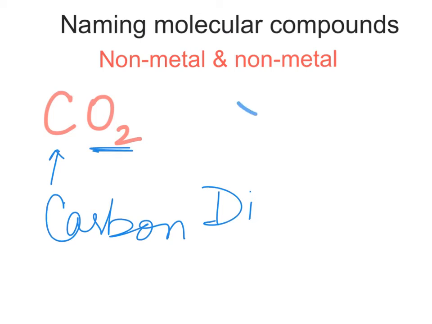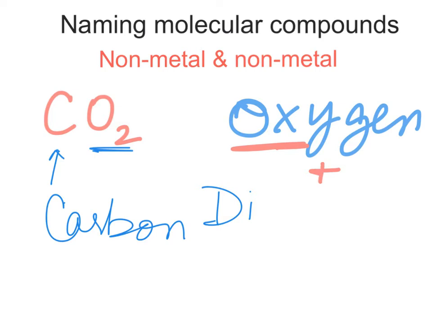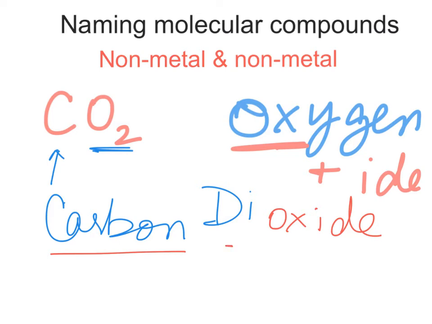So if you have oxygen, you take the root word, right, ox, and then you add the word ide. Likewise, in this case, we have carbon dioxide, right? So CO2 is called carbon dioxide.